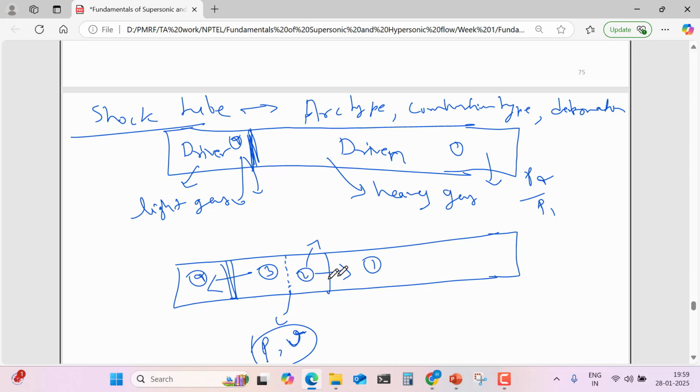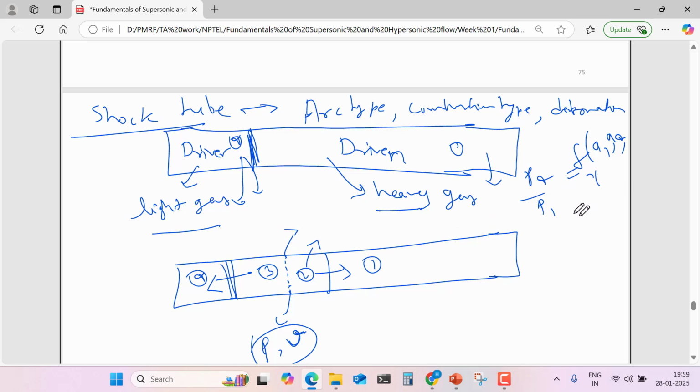Using the shock relations, you can find the condition at 2 and the condition at 3, and we also know the condition at the contact surface. So using all these relations, you can find one relation for P2 by P1, which will depend on the shock speed, a function of the speed of sound A1 and A4, and gamma and the molecular mass of both gases.